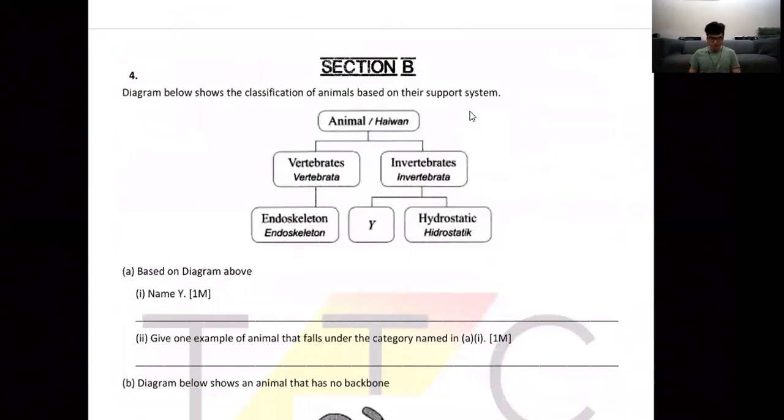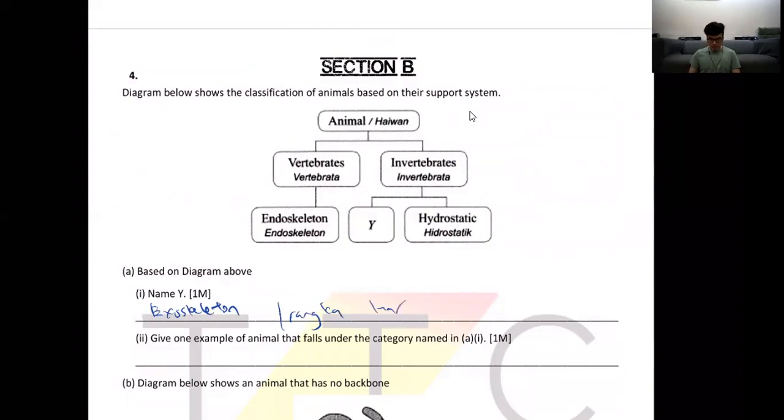So number 4, the diagram below shows the classification of animals based on their support system. Okay, so we have your vertebrates here, which is the endoskeleton. You have your invertebrate, that's your hydrostatic. Of course, this is exoskeleton. Okay, rangka luar.